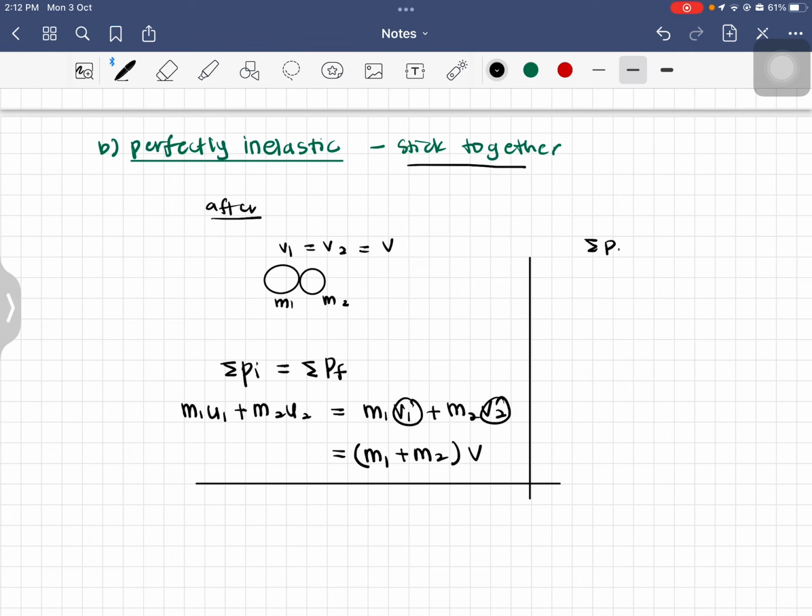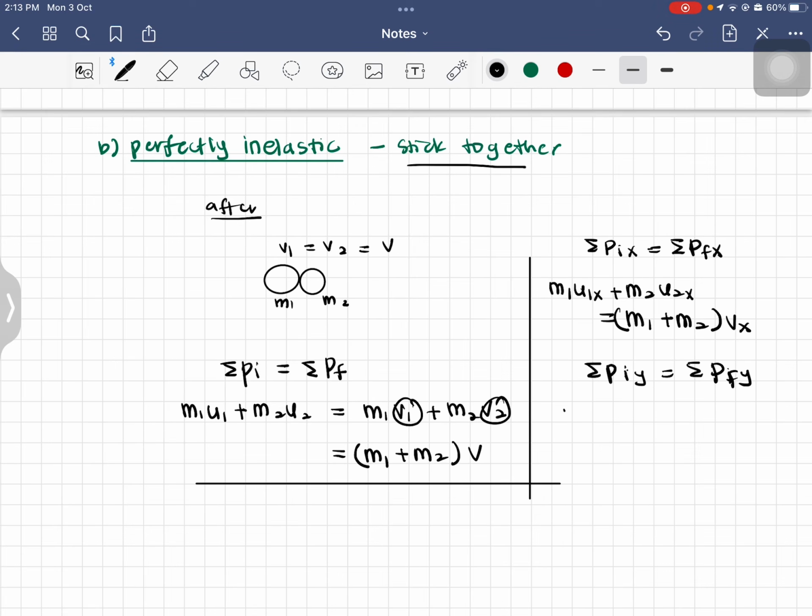Summation of P initial X equals summation of P final X. So you get M1 U1X plus M2 U2X equals M1 plus M2 Vx. For the Y component, this is initial Y, this is final Y. So you have M1 U1Y plus M2 U2Y, and you get M1 plus M2 multiplied by Vy.